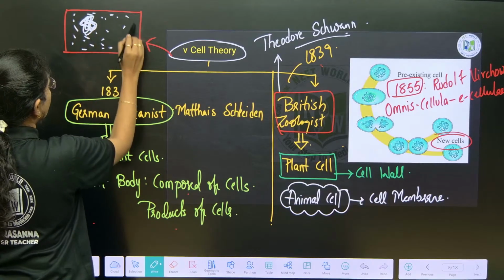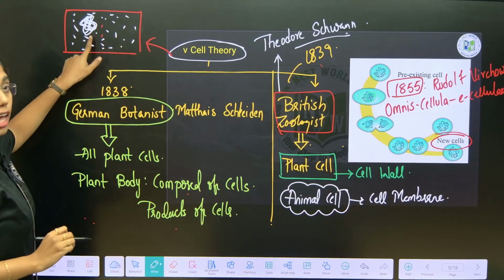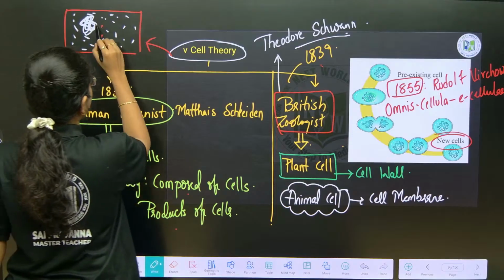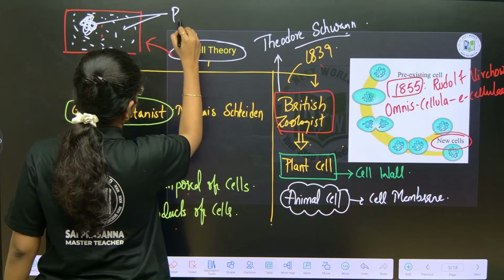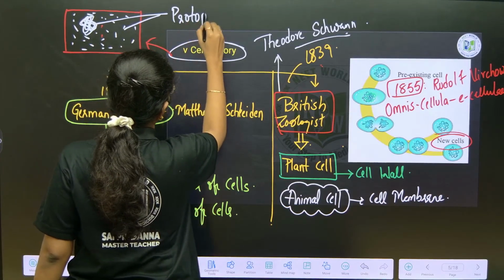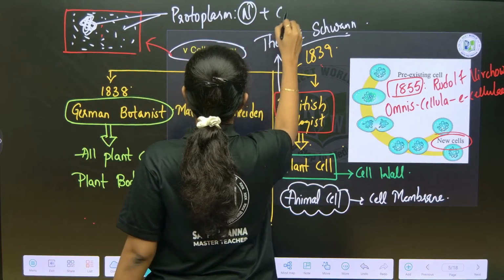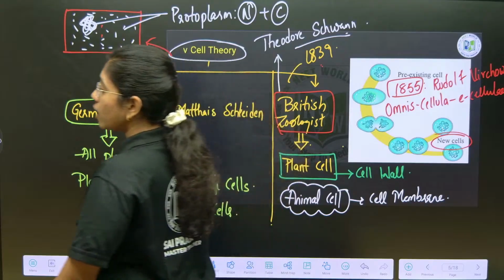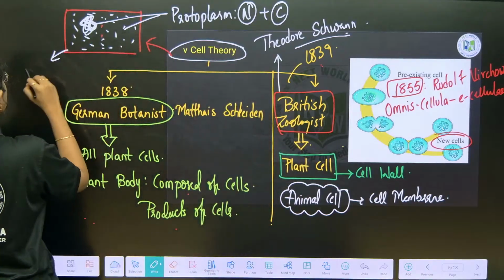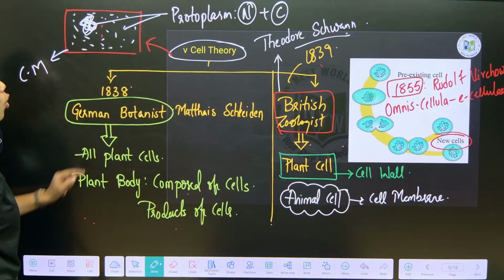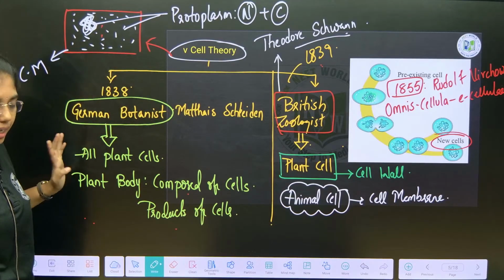Nucleus along with cytoplasm is addressed as protoplasm. Protoplasm means nucleus along with cytoplasm, and this should be enclosed by the cell membrane. Only to these cells is cell theory applicable.